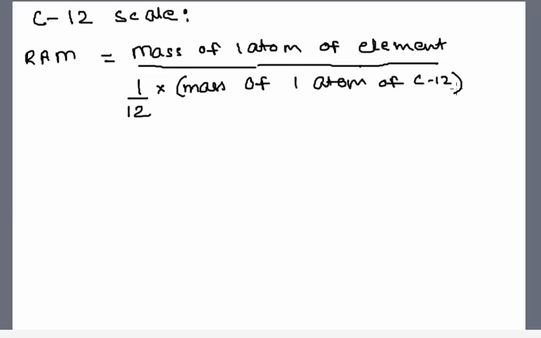Fine. This is how we'll define Rm on the C12 scale. And further, if we use a little bit of what we have learned in the past, we can also prove this to be equal to the total number of nucleons.